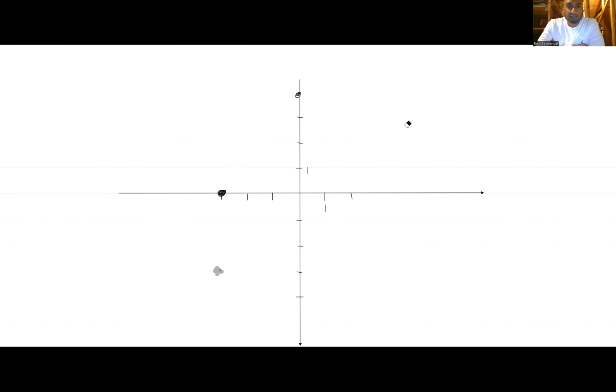6, 4. Draw a dot at 6, 4. Oh, wait, that was an accident. Okay. Six, 4. Good.